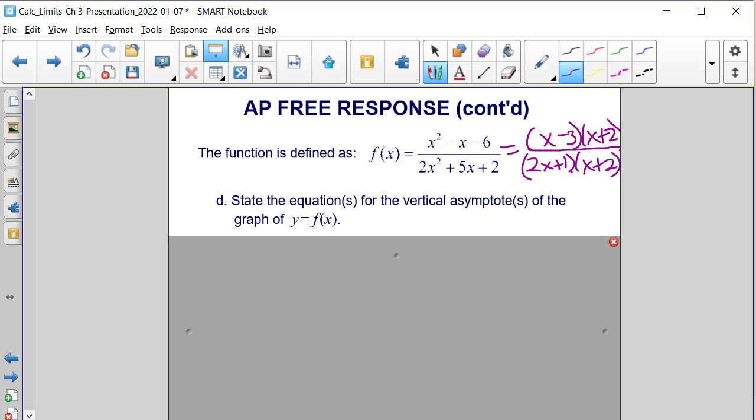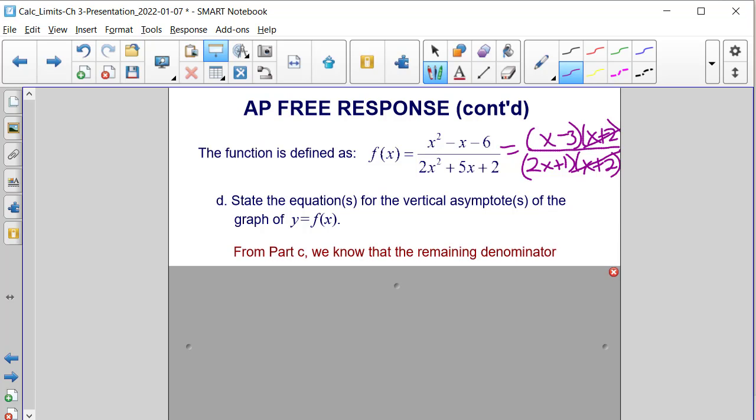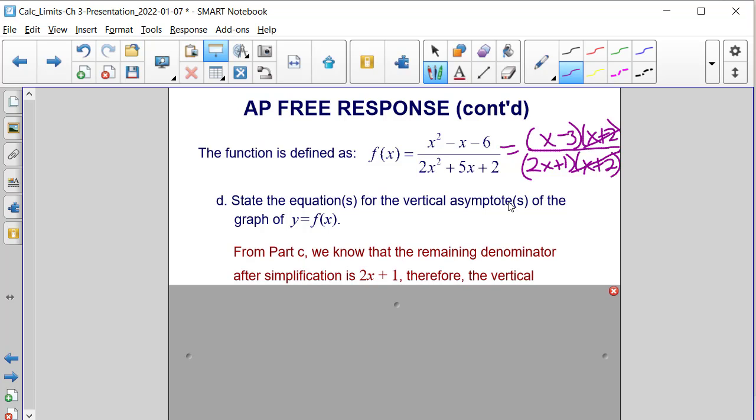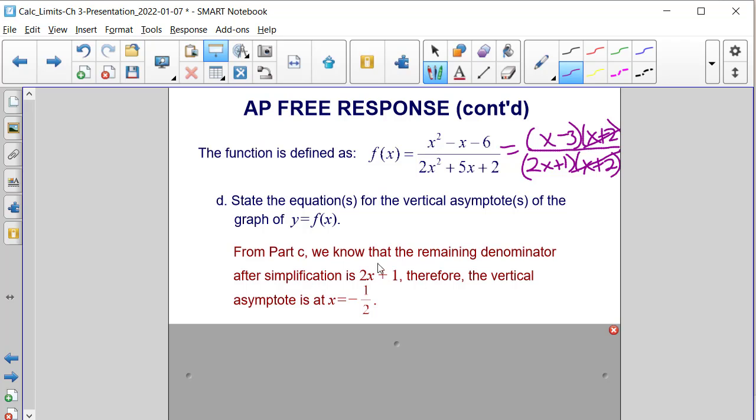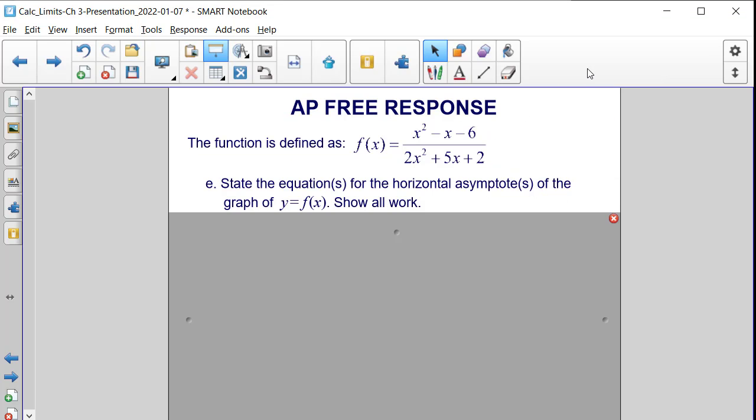And we noticed that the x plus 2 factors canceled out. So we found out from part C that the remaining denominator after simplifying was this 2x plus 1. Therefore, we have a vertical asymptote at x equals -1/2. So that is the only vertical asymptote that we have for this function.